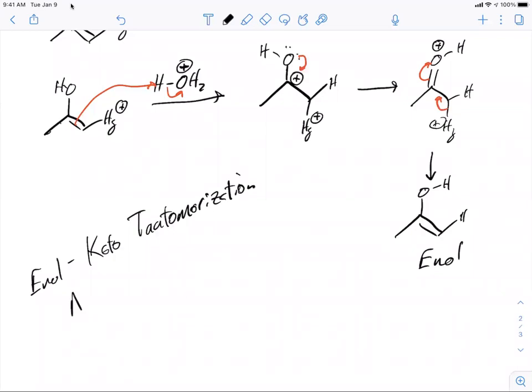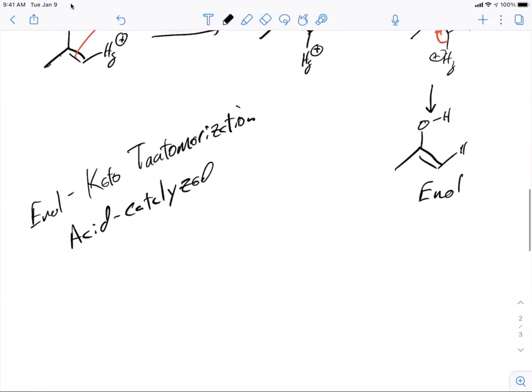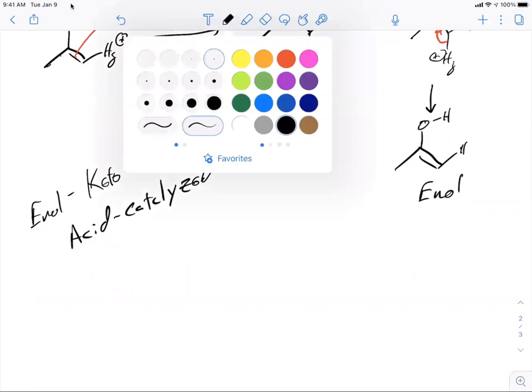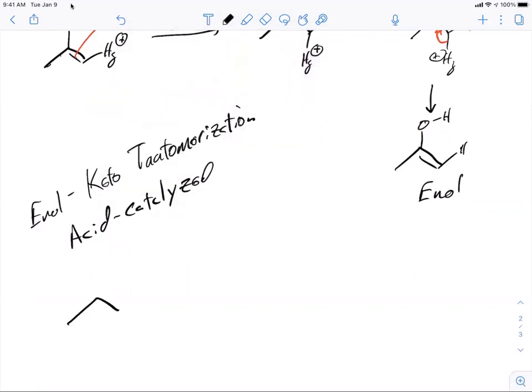Okay. And the one I'm going to show you here is acid catalyzed. And we'll see one in a minute that's base catalyzed. So in the acid catalyzed, we start with the enol. Okay. That's going to pick up a proton.